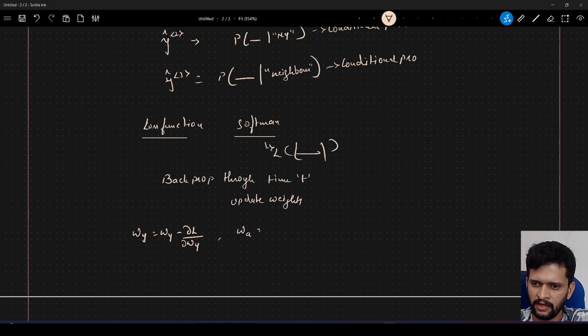Similarly, Wa is equal to Wa minus learning rate multiplied by the derivative of loss with respect to Wa, and Wx will be equal to Wx minus learning rate multiplied by the derivative of loss with respect to Wx.